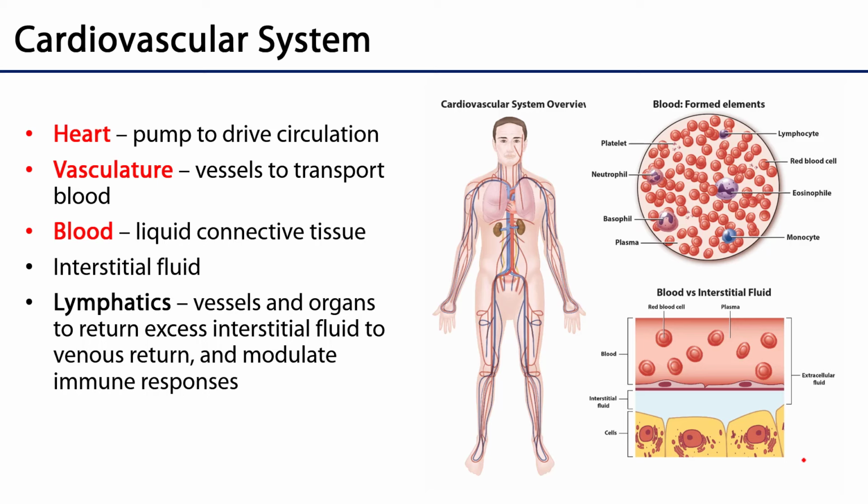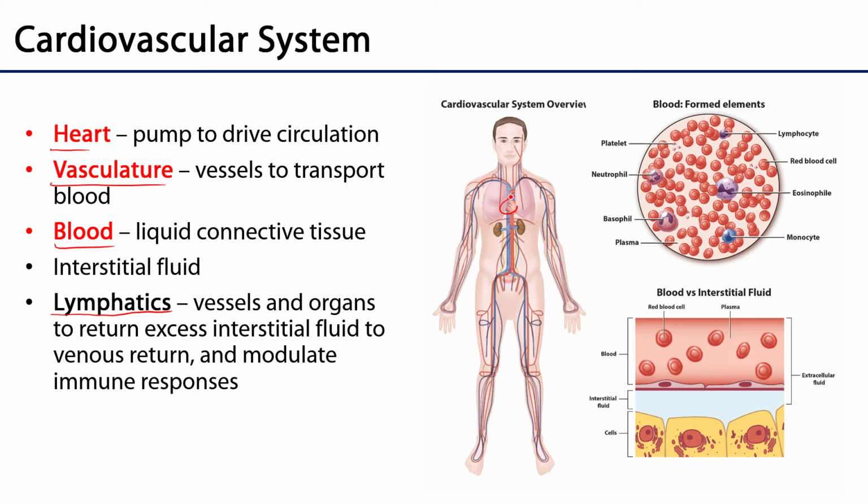So the cardiovascular system is an important body system that connects with just about every other system in the body. It consists of three commonly held constituents: the heart, the vasculature, and the blood. And oftentimes I like to include lymphatics under cardiovascular system, although it's typically treated as its own independent system.